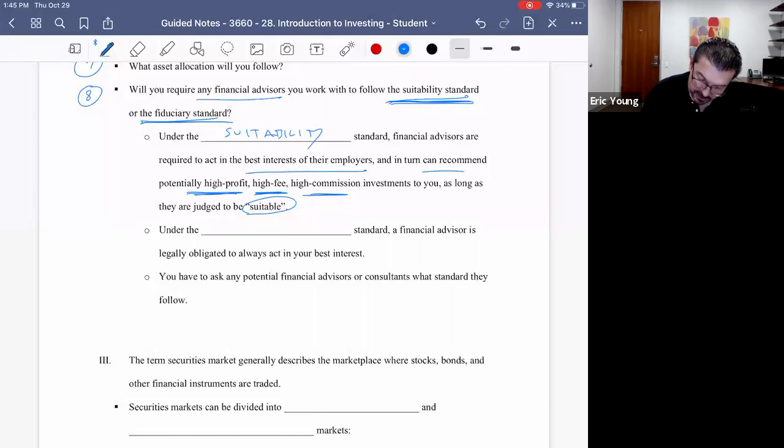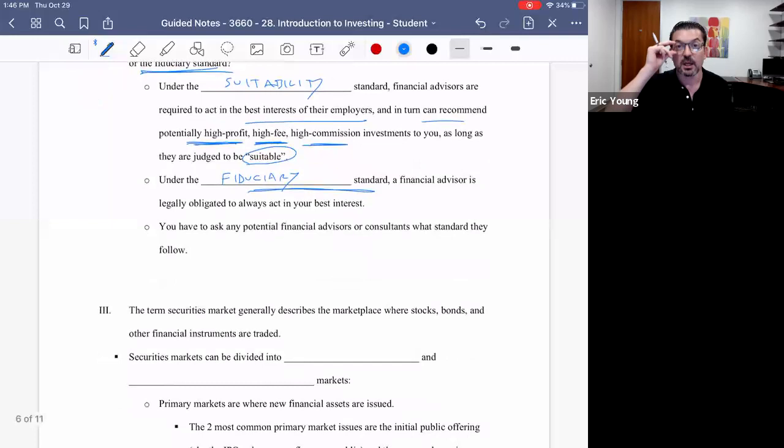On the other hand, under what is known as the fiduciary standard, which is really the one that I would advise you that you insist that your advisors follow, a financial advisor is legally obligated to always act in your interest.